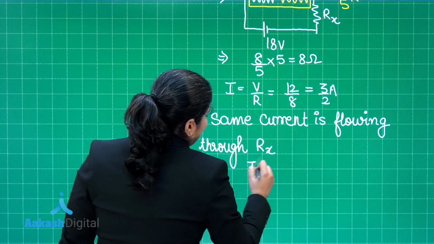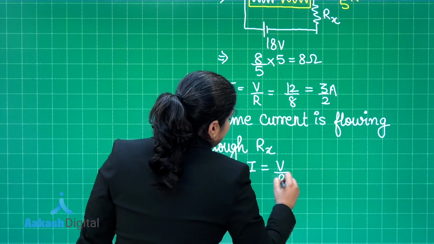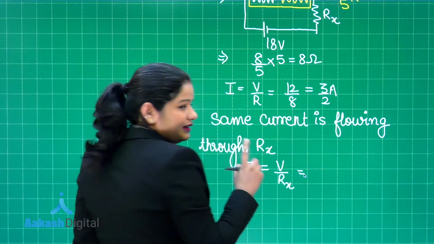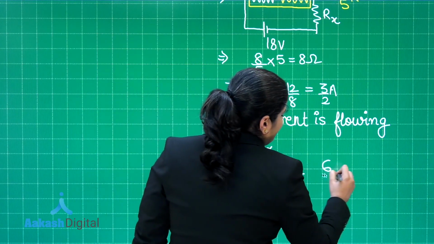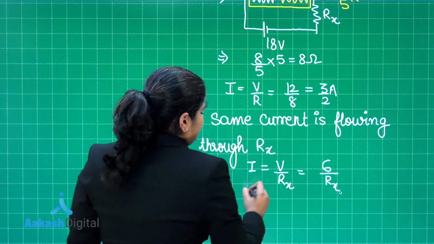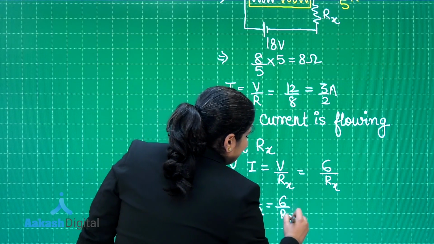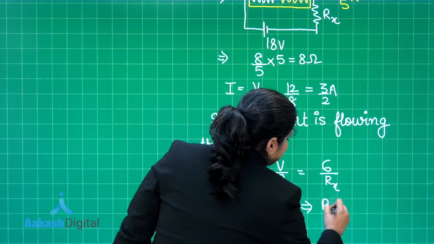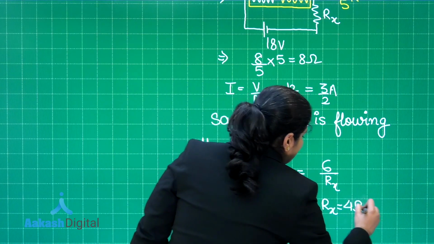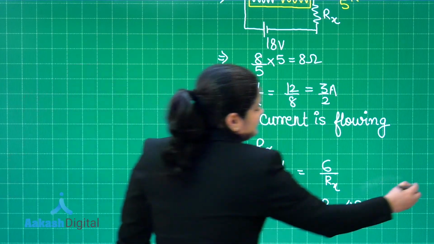So I can write I will be V by Rx. What is the voltage across Rx? That is mentioned to us in the question as 6. So 3 by 2 is equal to 6 by Rx, and this gives me Rx as 4 ohm. So 4 ohm is the correct answer.